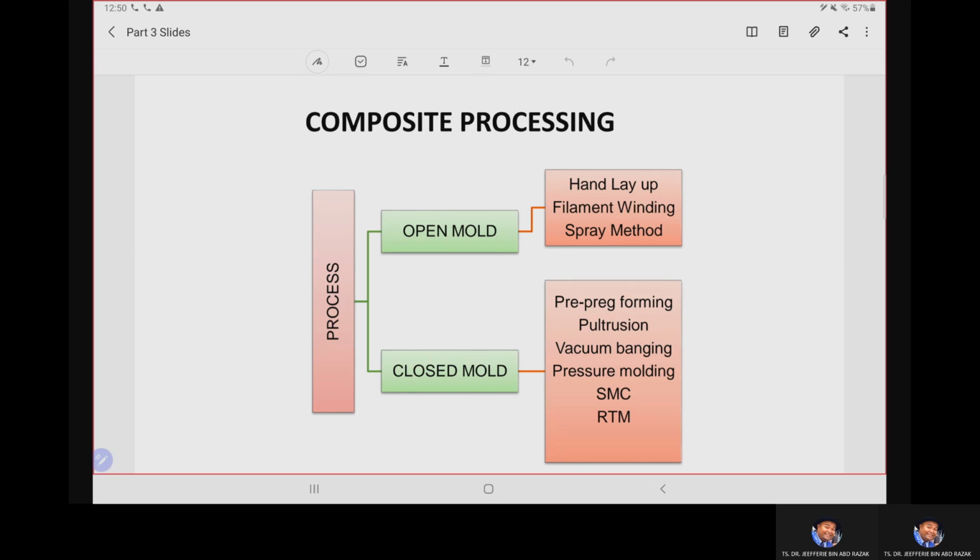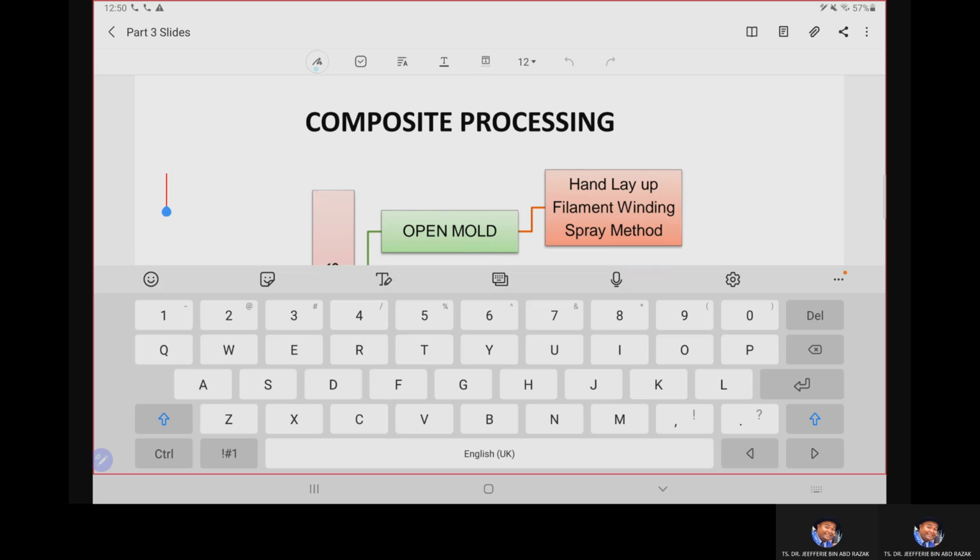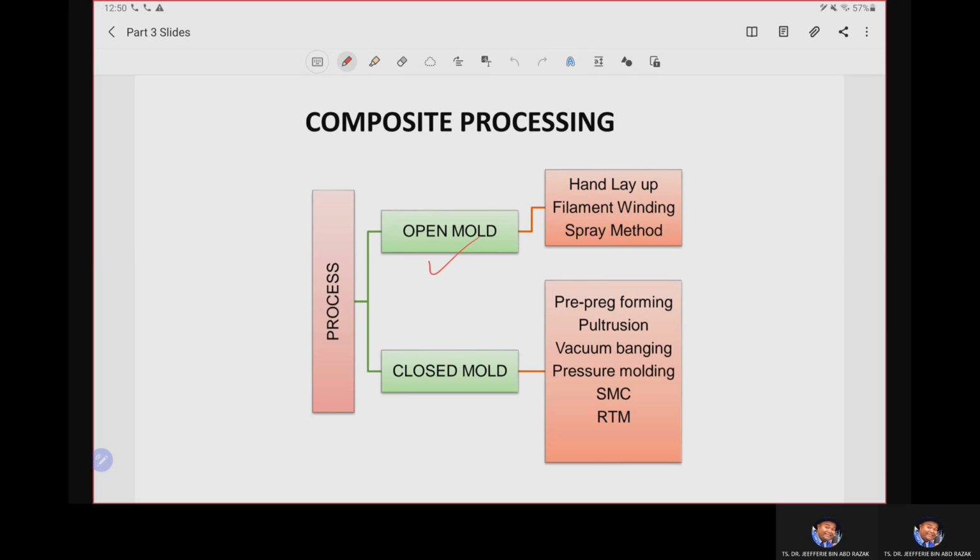As you can see here, for the open mold method for FRP PMC manufacturing, we will have the hand layup method. This is the most simple method. The pultrusion method, the filament winding method, the second process, and then the spray method. This is all for the open method, open approach.